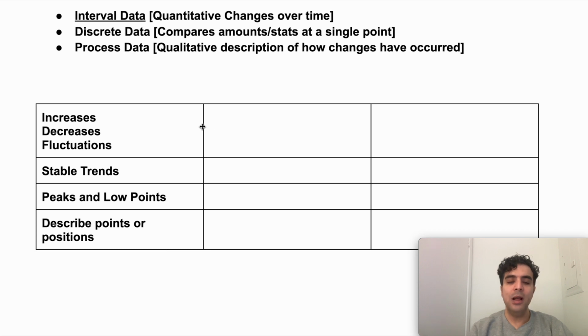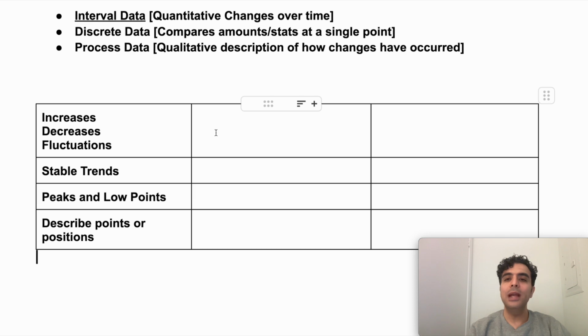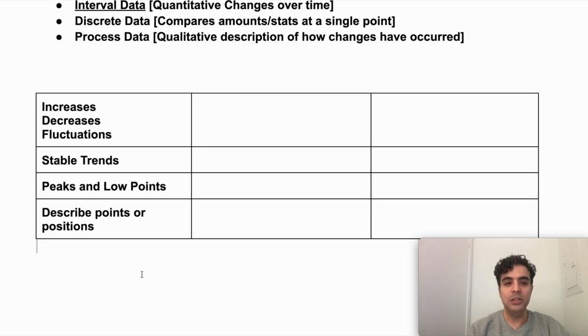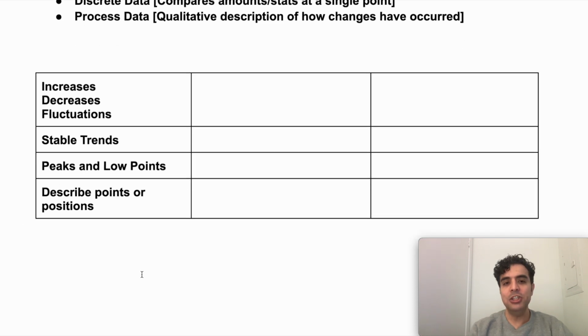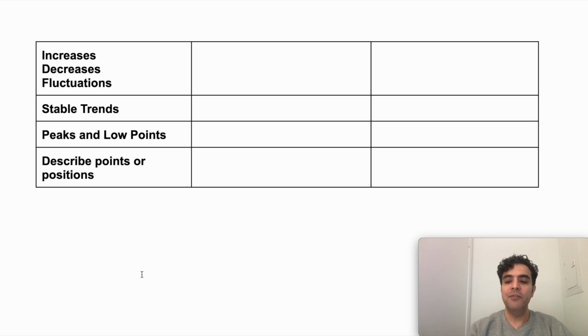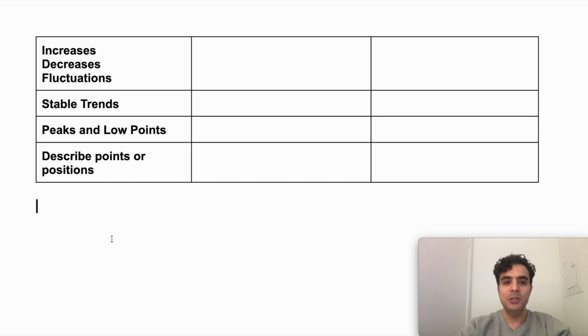Okay, so now that we've defined the categories of changes, we're going to look at the different structures that we could use for each. And in each case, I will also show you a few examples as well. Before we get into it, for describing increases, decreases, and fluctuations, you need to know that we often have to describe what has increased or what has decreased.